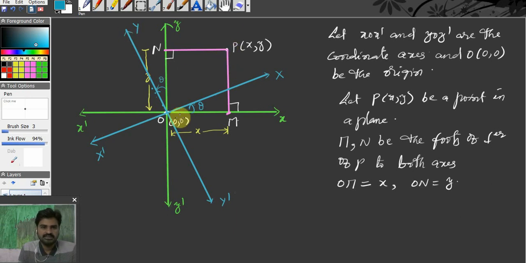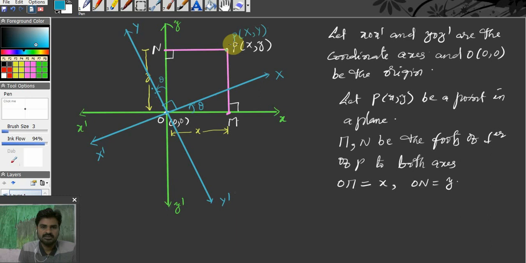So let us consider the same point P in the new system. Observe that now the coordinate axes are capital X and capital Y. Now let us consider the coordinates of this point P. In the same place, point P can be changed in the new system.